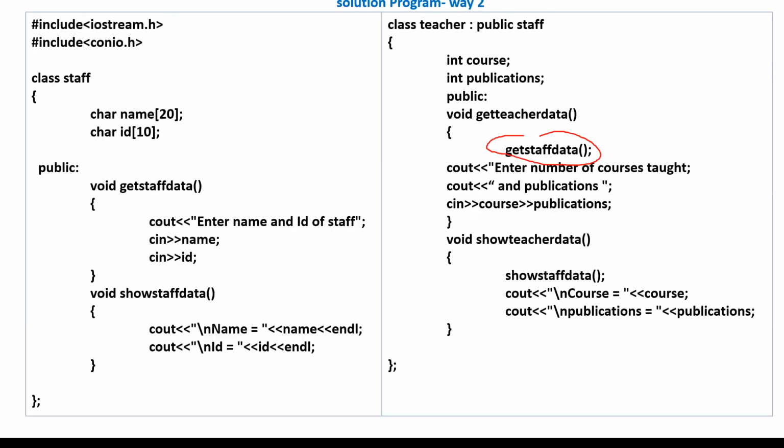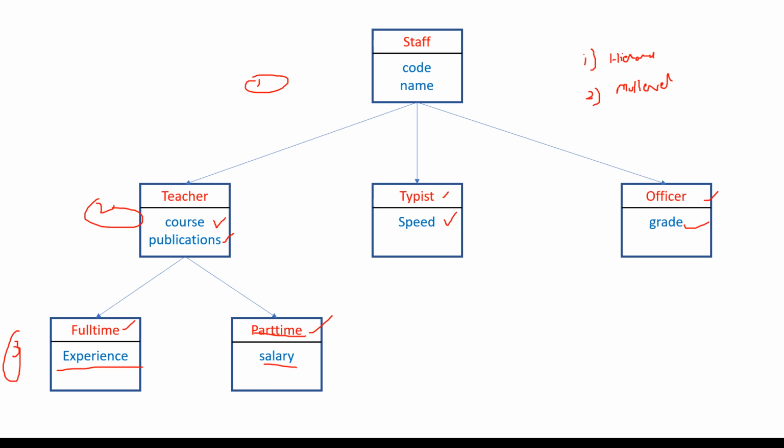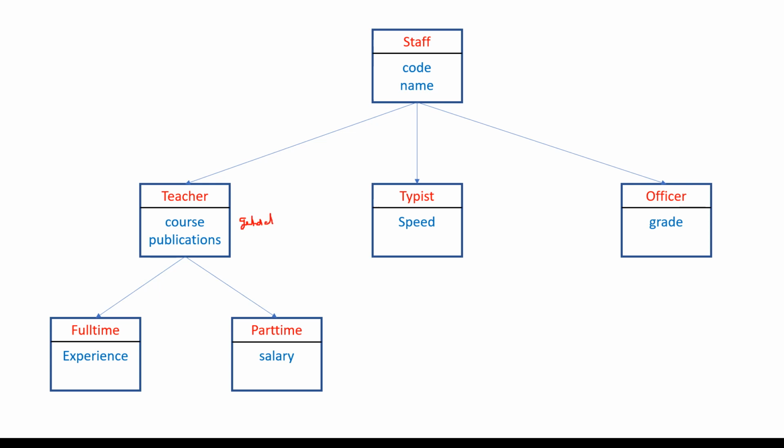So I would like to explain the second way, what is happening in it. Suppose you have a get data function here, and you also have a get data function in this class. In this full-time class, while writing a get data function, I am calling the get data function of the teacher class.